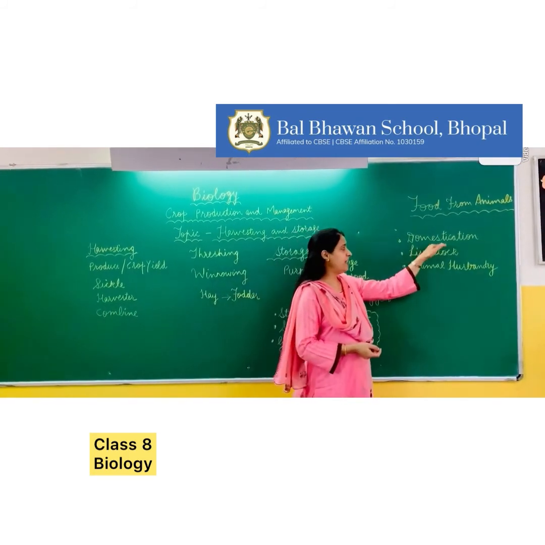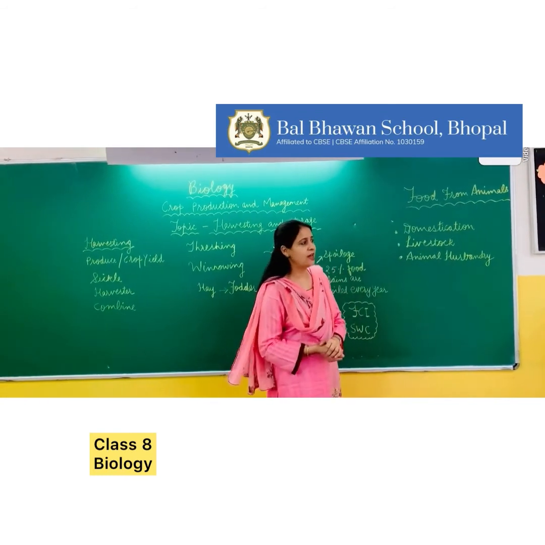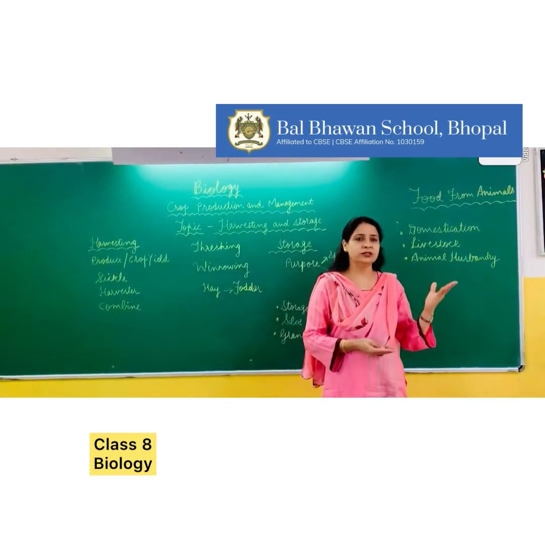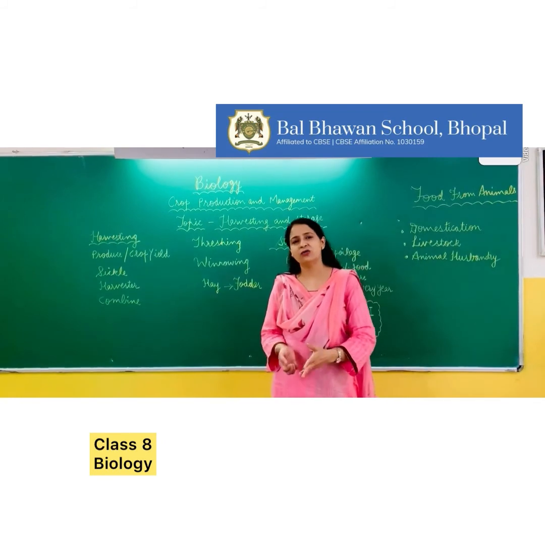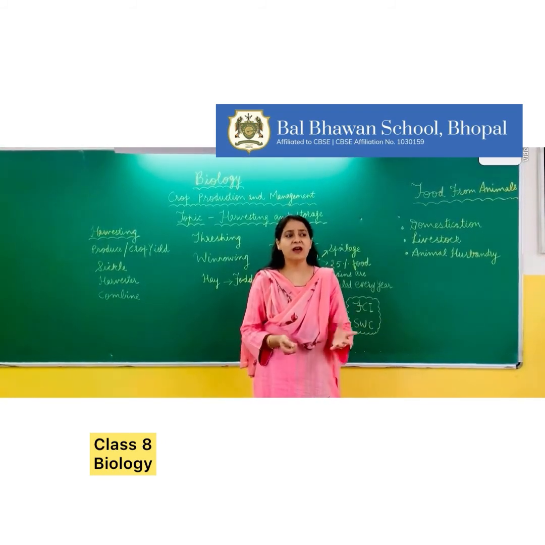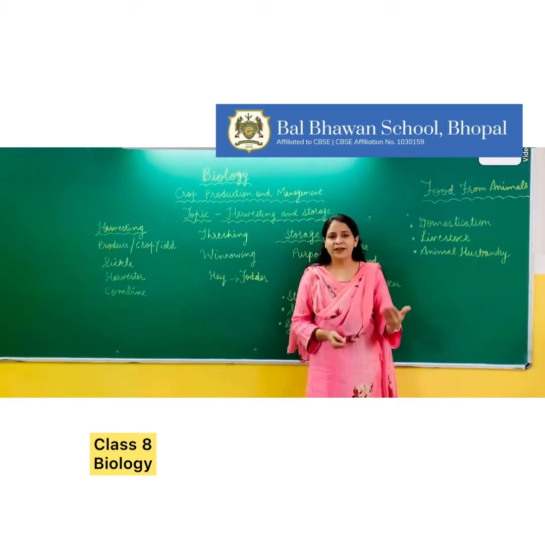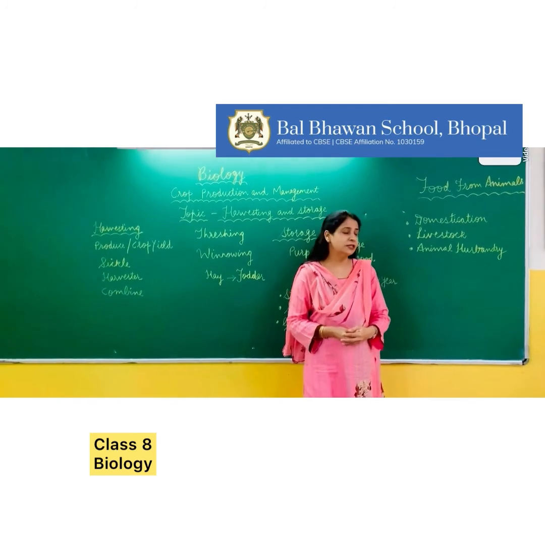Keeping the animals for our benefit is called domestication of those animals. Animals include cattle like buffalo, cows, horses, camels, sheep, goat. All these are reared by the farmers for their own benefit. They help the farmers a lot.